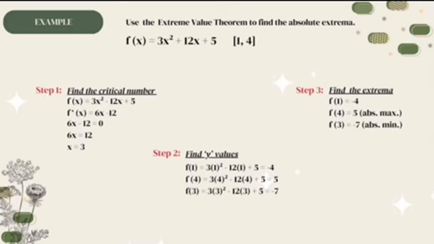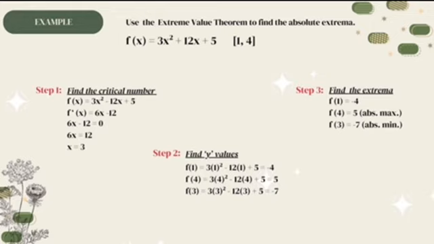Now here's an example on how to find the absolute extrema using the extreme value theorem. Our given function is f of x equal to 3x squared minus 12x plus 5 with a given interval of 1 and 4. We have 3 steps on how to find the absolute extrema. First is to find the critical number.